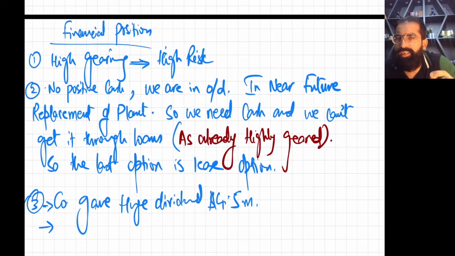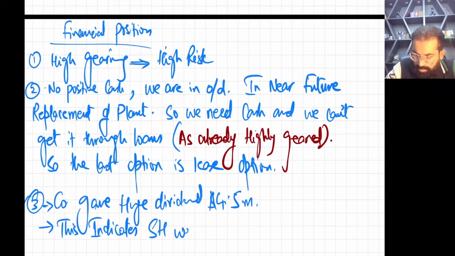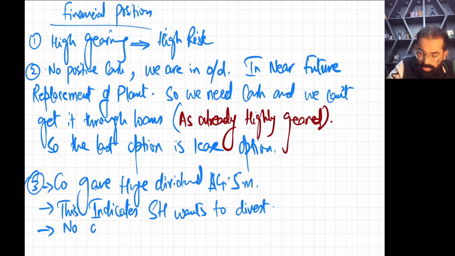This indicates that shareholders want to divest. This indicates no opportunities in the business.